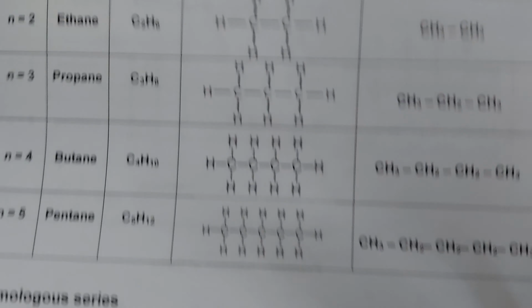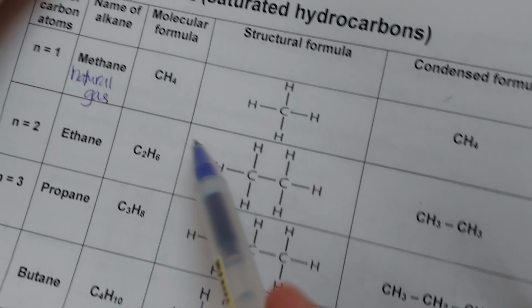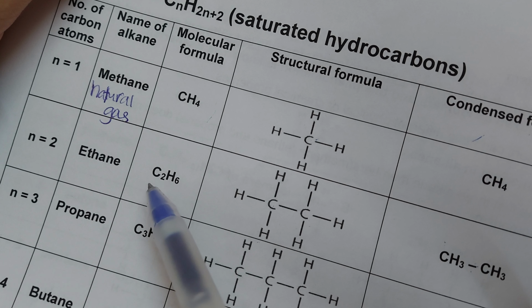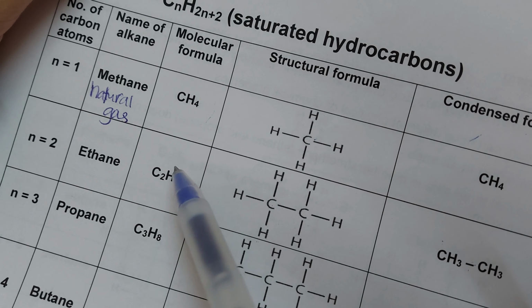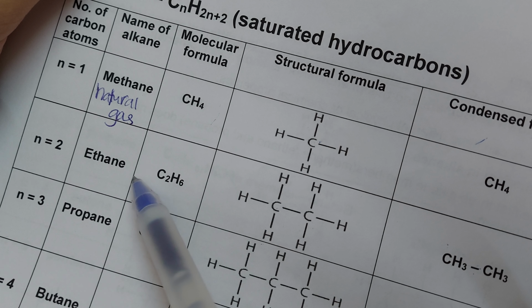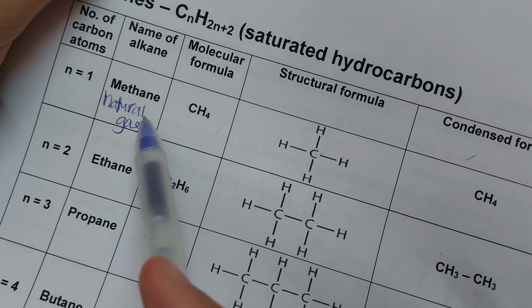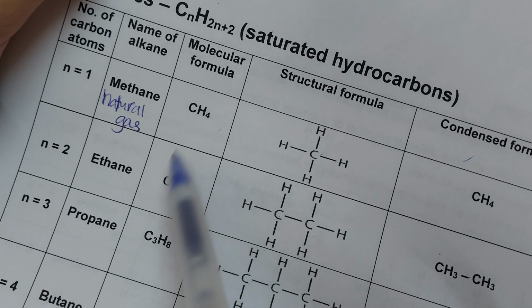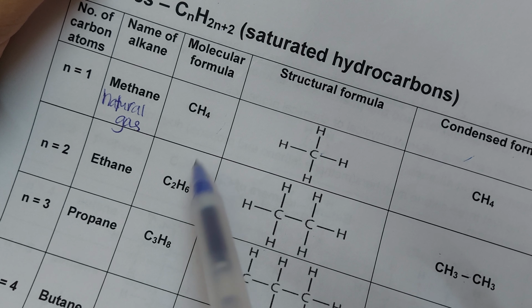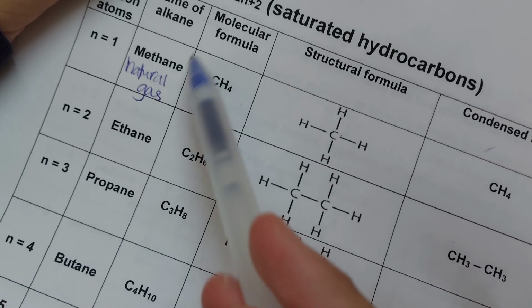So what basically means by they differ by CH2 is that if we subtract the number of carbons and hydrogens of consecutive members, so if I subtract the number of carbons and hydrogen in methane from ethane, we're going to find that the difference between them is a single carbon atom and 2 hydrogen atoms, and so on if we go down the group.